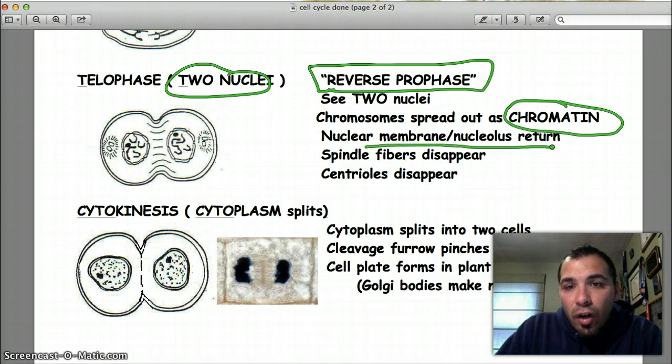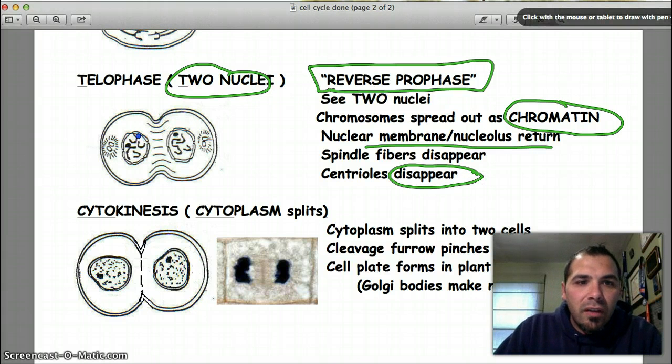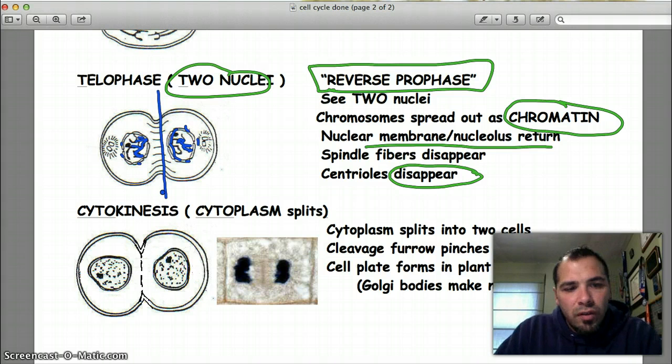Nuclear membrane returns. Centrioles disappear. So you can see why this is called reverse prophase. And so there's our nucleus coming back. Got some chromatin. But you're going to start to see the cell pinch into two. So telophase, reverse prophase.